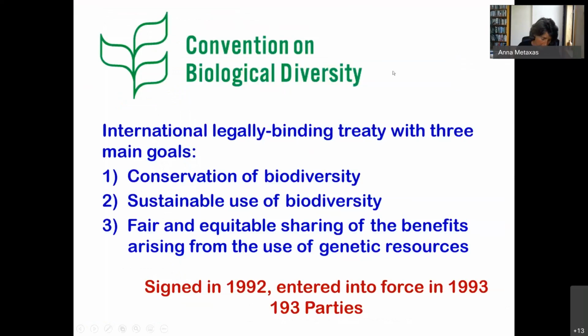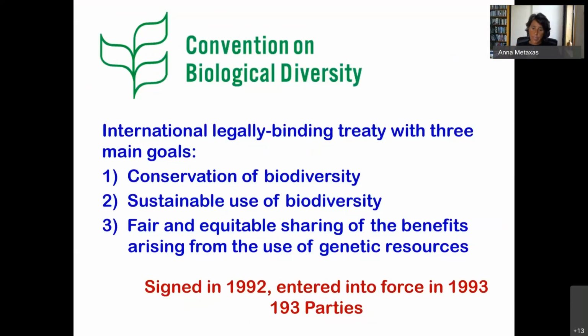So how do we do that on a global scale? Well, I'm sure many of you have heard about the Convention on Biological Diversity, which is one international tool that we have to manage biodiversity in the world. This is an international legally binding treaty that had 3 goals: to conserve biodiversity, to sustainably use biodiversity, and to share fairly and equitably the benefits arising from the use of genetic resources.